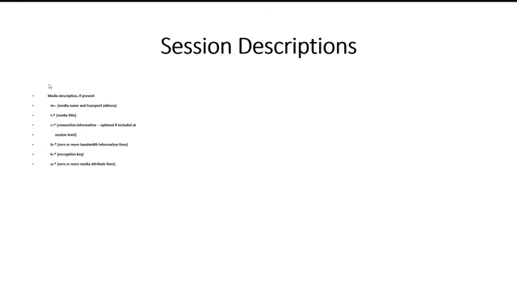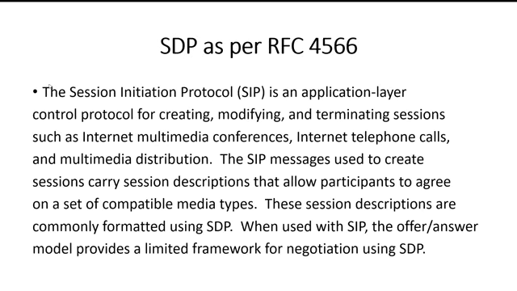This is defined by b. There are a lot of a lines. So if I have an m line, there has to be an a line associated with this. So m equals audio, and then different supported codecs, and then it will define what you have defined in the m line.